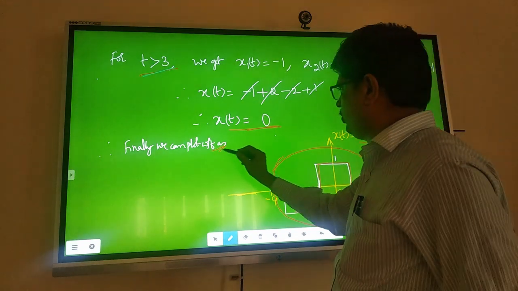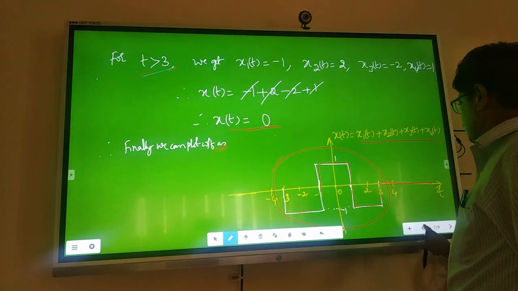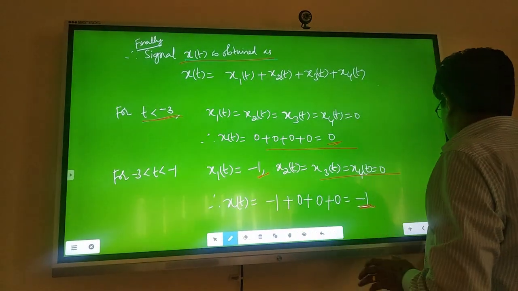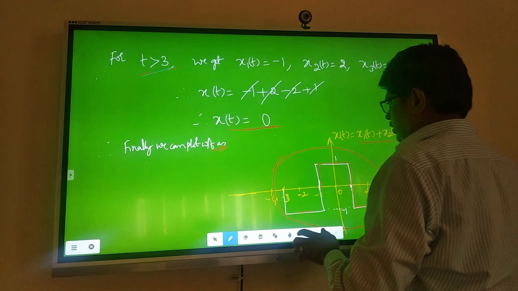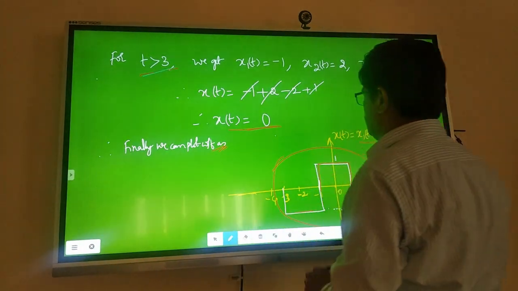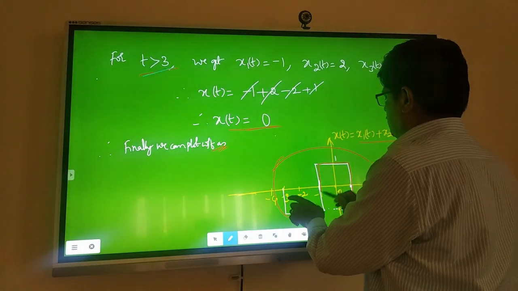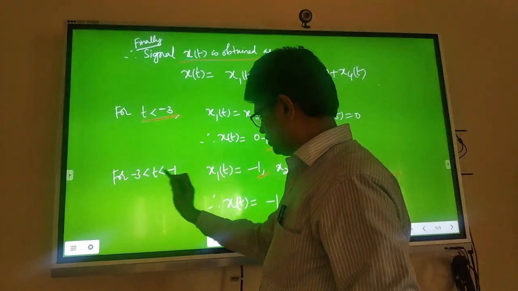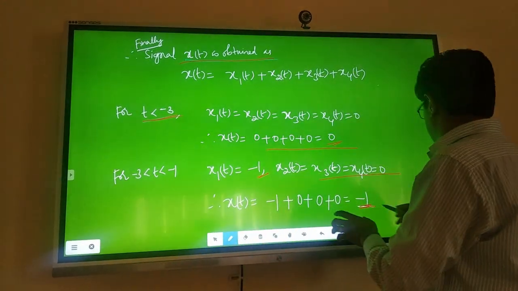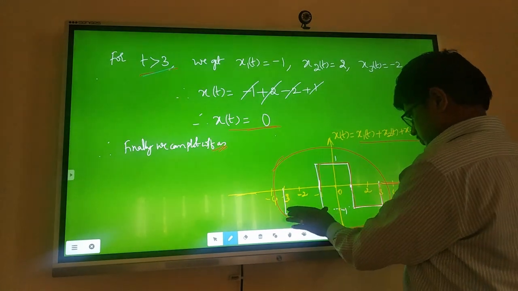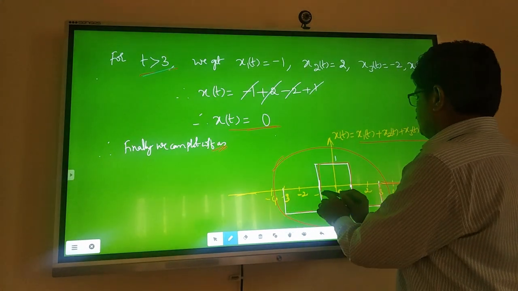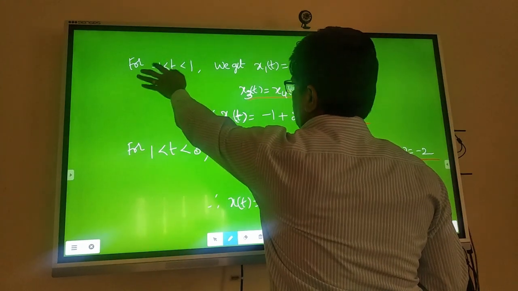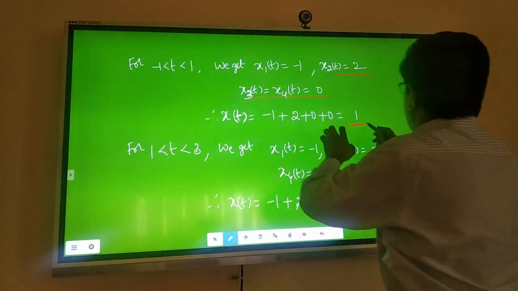Finally, the output waveform is, see now, for t less than minus 3 its value is 0. Next is t greater than minus 3 and less than minus 1. What is the value you got? Its value is minus 1. See that? Minus 1, minus 1. Then between here and here, that is t greater than minus 1 and less than 1, its value is 1.